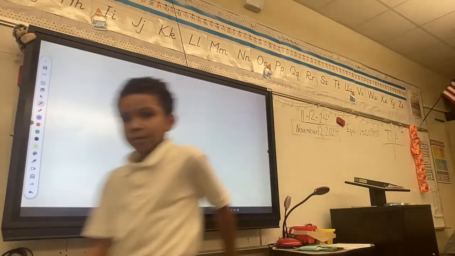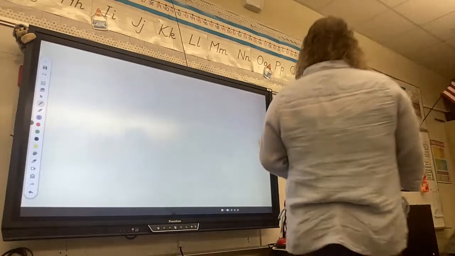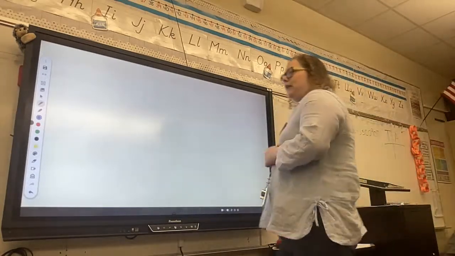If you don't have a pencil, there's pencils over there in that blue container by the white chair. Do we have to write the date? Yes, and the date. 11, 12, and 24 is the short form for that.